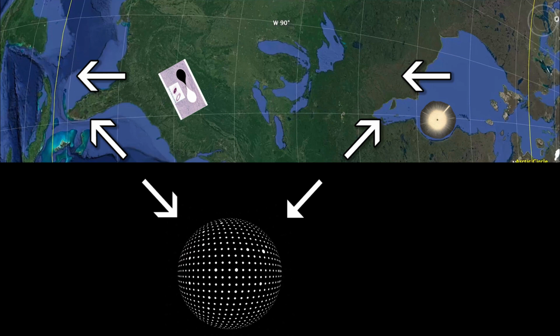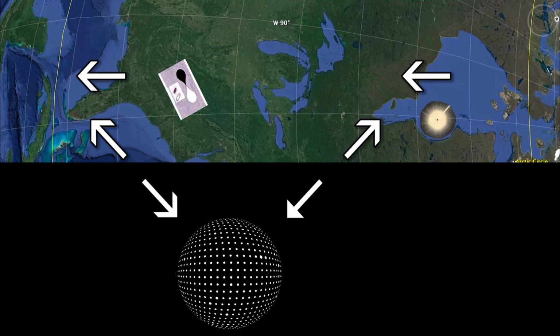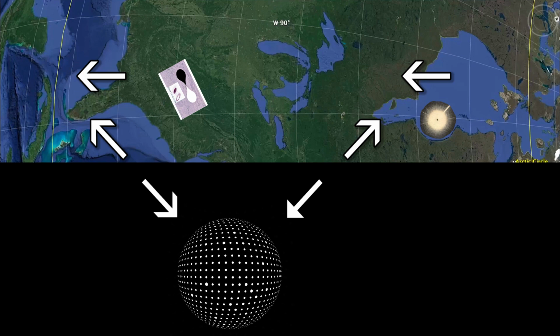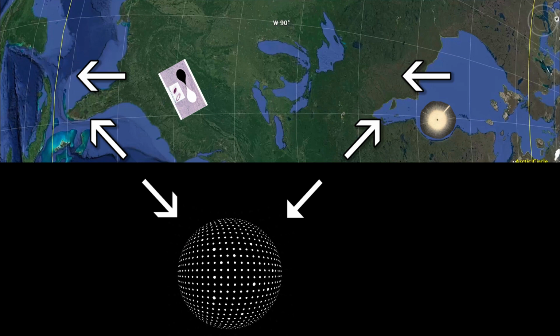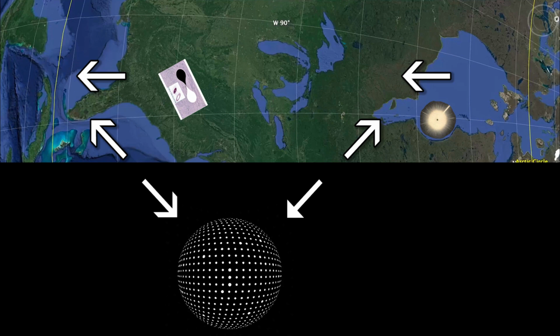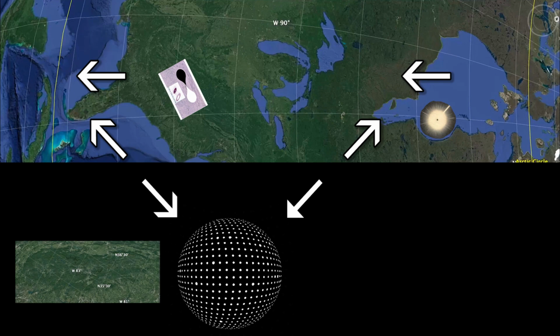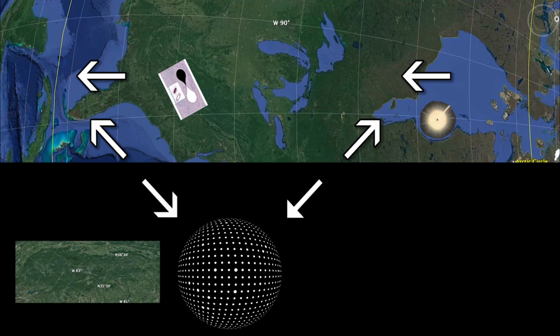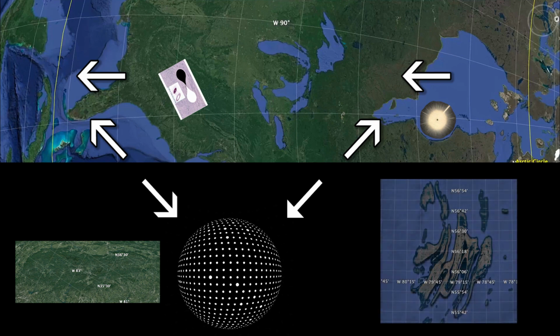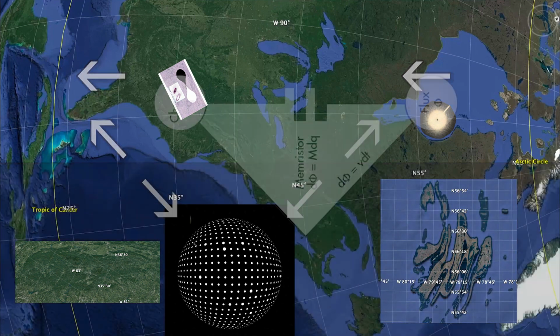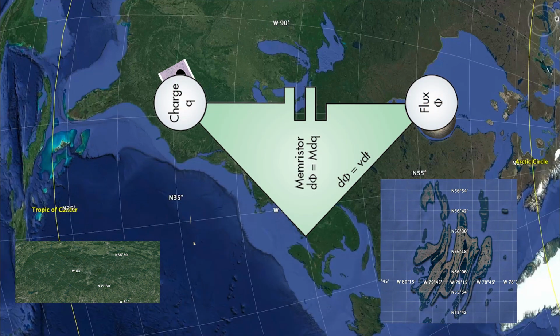Indeed, I would suggest that these same structures, imprinted on the surface of the Earth, are imprinted on the surface of the Earth's core. When pulled together, what we find is that there was actually a pair of chaos circuits, one in the south managing the charge with memristor paddles, and one in the north managing the flux with a memristor scroll pattern, and doing so through a connection at the very core of our planet.